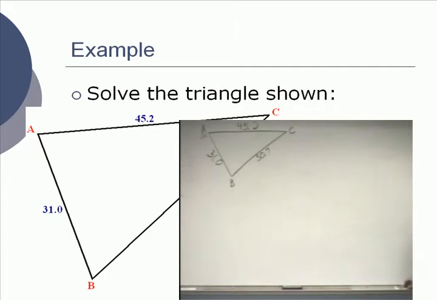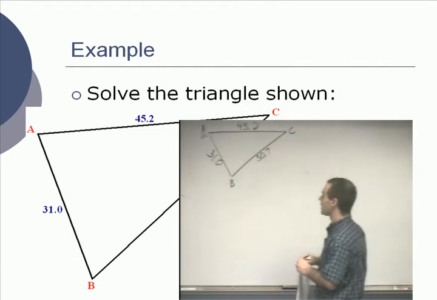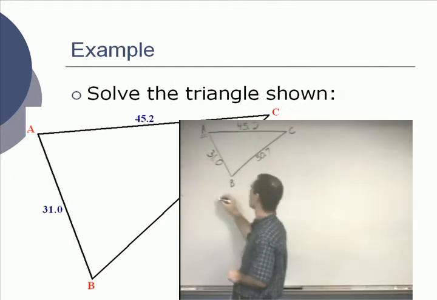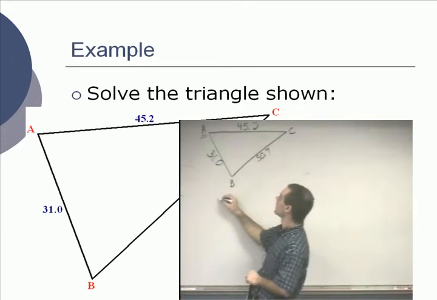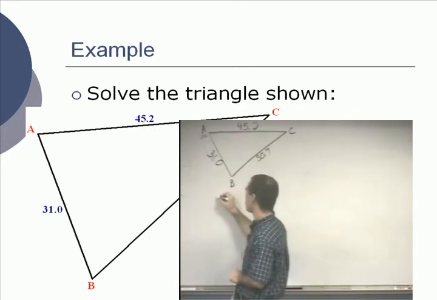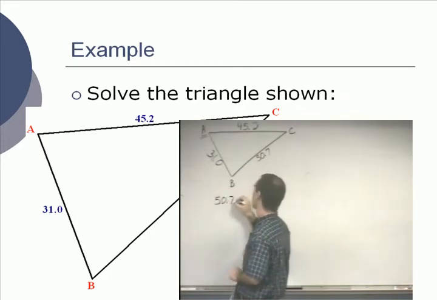So let's find A. So let's fill in what we know here. We know that the opposite side from A is going to be 50.7. That's right, 50.7 squared.